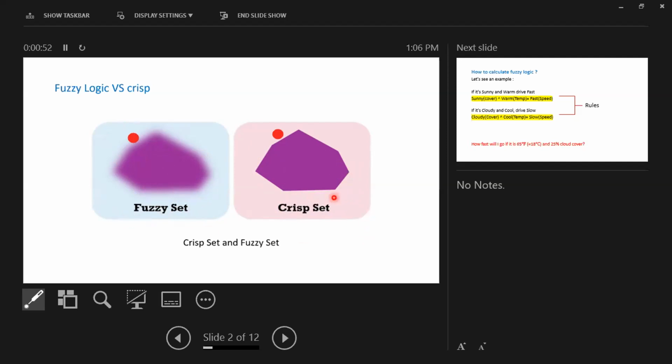In the grip set, we can see the boundary and we can see the red dot does not touch the polygon. But for the fuzzy, if I ask 10 students, 6 students may say yes, it is touching, while 4 students may say that it is not touching the polygon. So the degree of trueness for red dot touching the polygon is 60% and degree of trueness for red dot not touching the polygon is 40%.